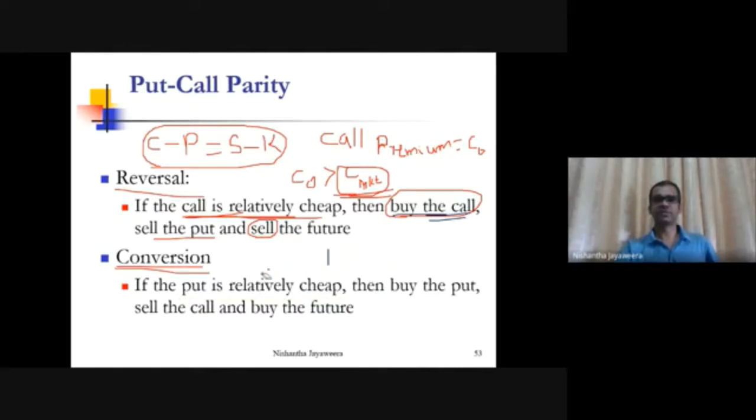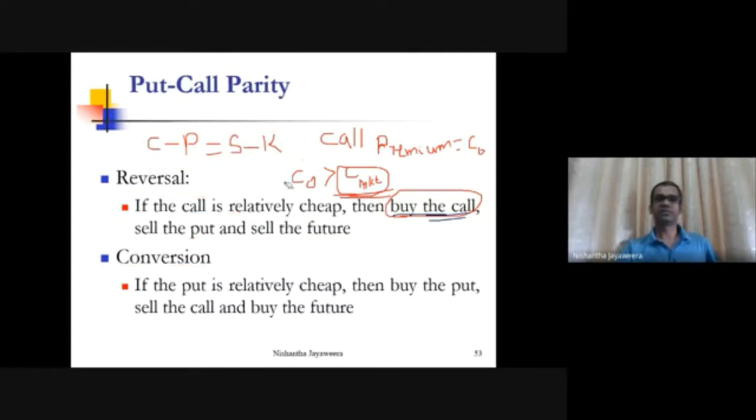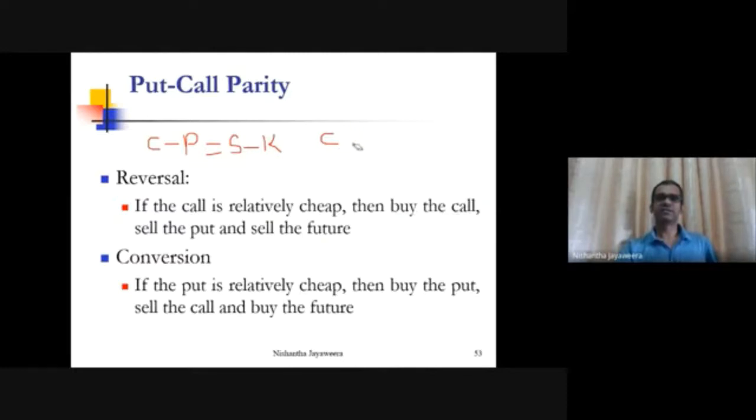According to the put call parity, either you calculate the put premium or the call premium, compare it with the market premiums, and see which one is cheap, whether the market option or the synthetic option.